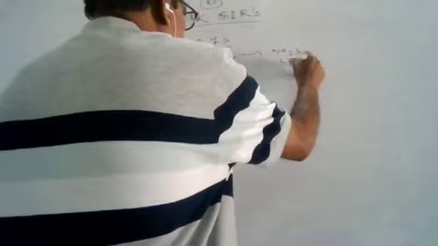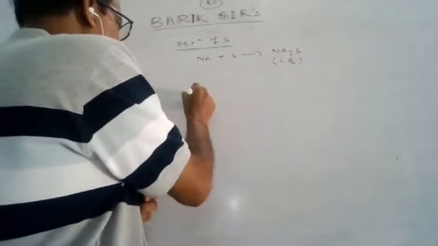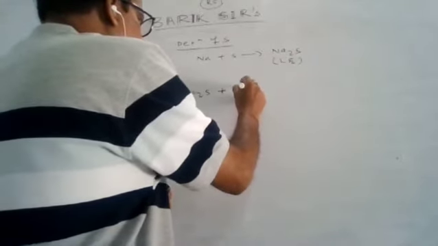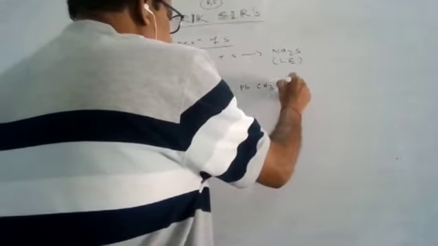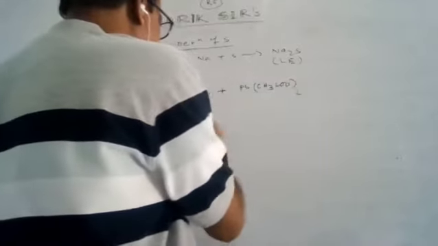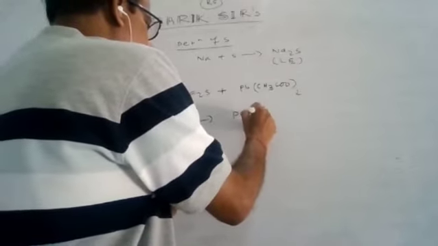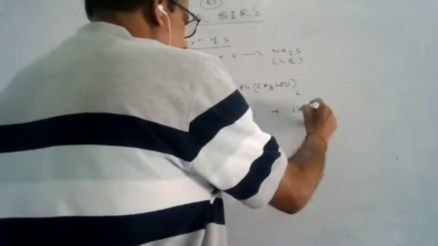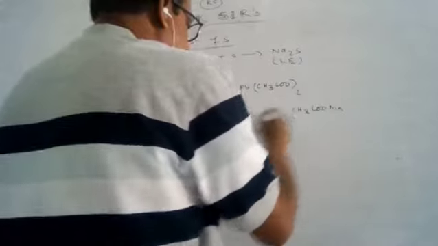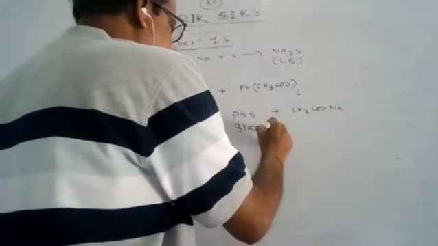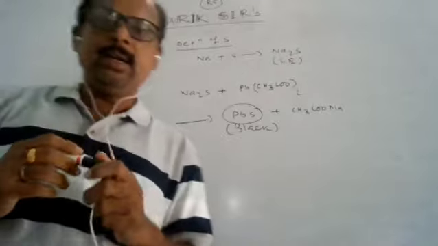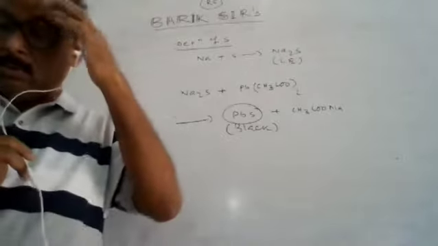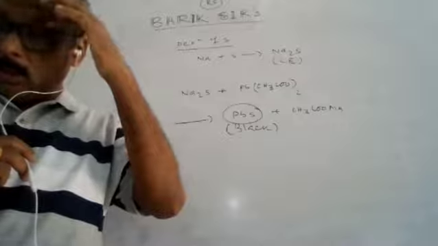So this sodium sulfide, when it is treated with lead acetate, is converted to PbS plus sodium acetate. The formation of this black precipitate of lead sulfide indicates that sulfur is present in the organic compound.